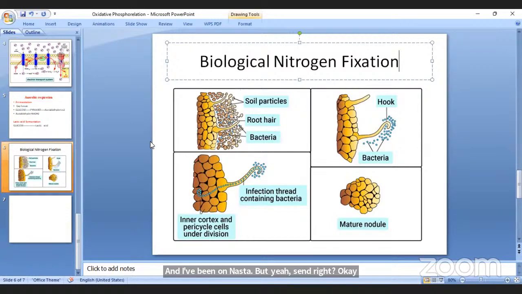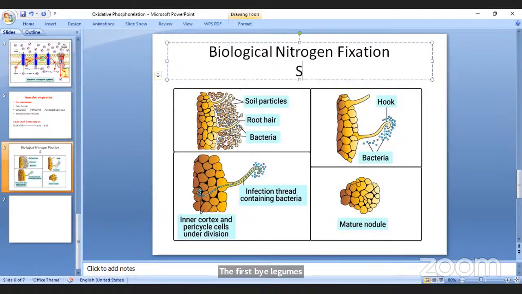So first, let's see the symbiotic nitrogen fixation bacteria. In symbiotic nitrogen fixation, the first is legume symbiosis.